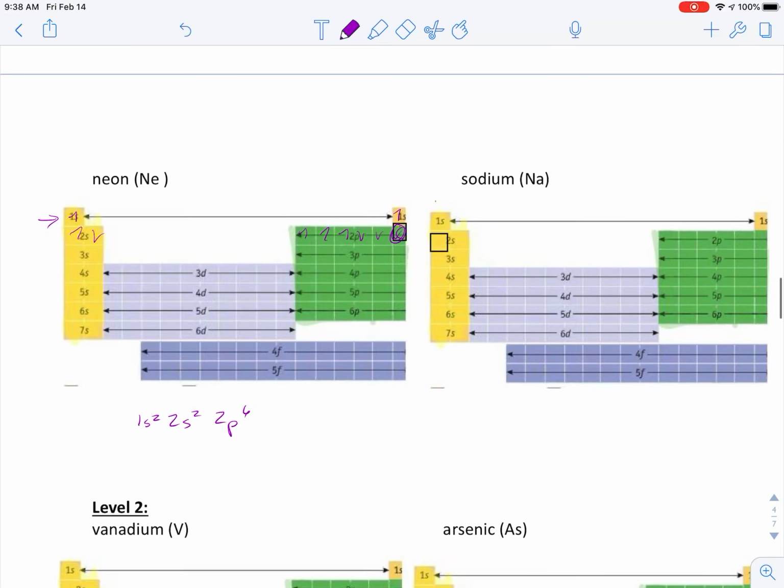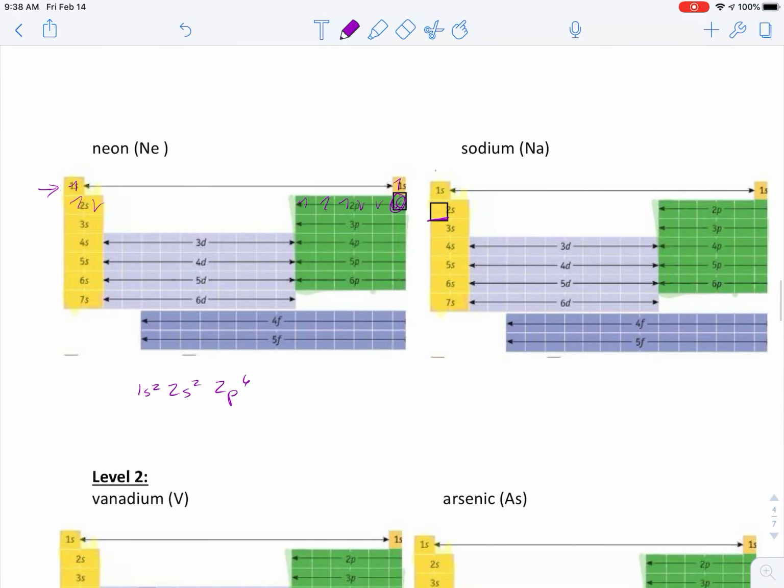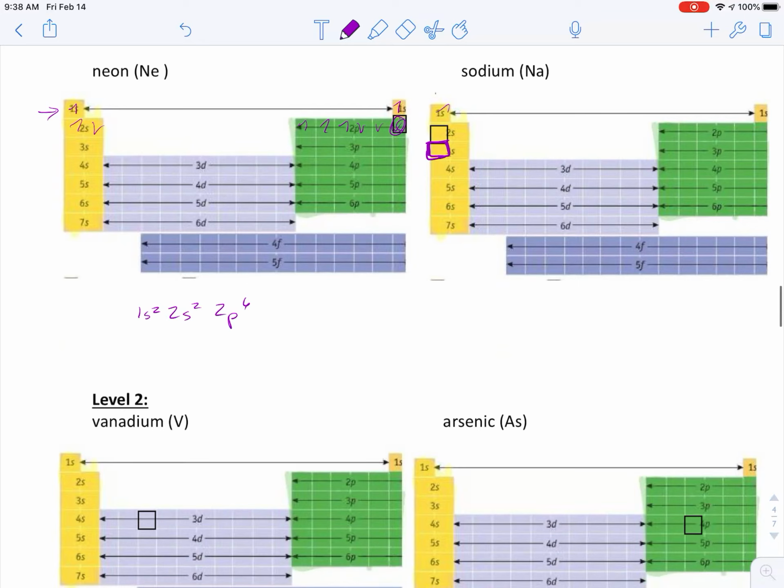That's neon. The sodium, the block is in the wrong spot. He's supposed to be right here. That's where he is. So again, we've got our 1s2, we've got our 2s2, and then we have our 2p, 1, 2, 3, 4, 5, 6, 2p6. And then we have our 3s1.